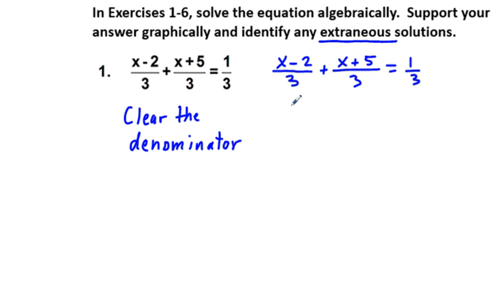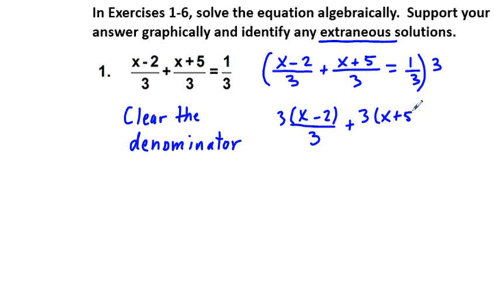Okay. And specifically, we have 3 in the denominator. So if we multiply this entire equation by 3, what do we get? We get 3 times (x minus 2), plus 3 times (x plus 5), over 3, equals 3 times 1/3.